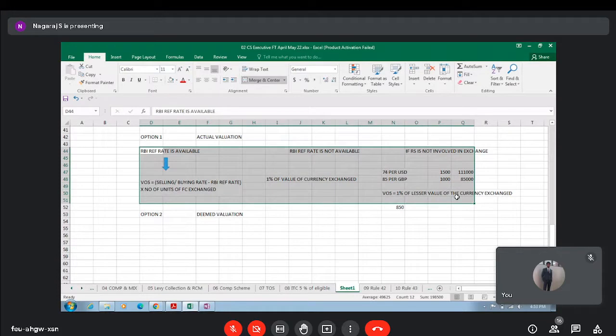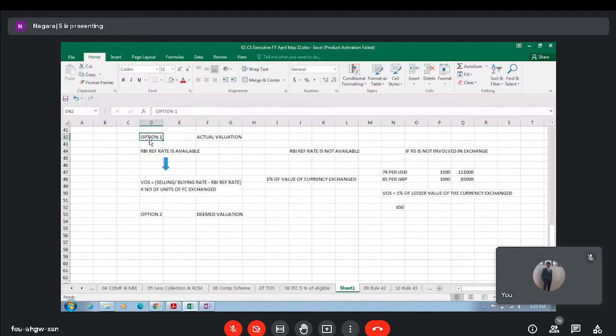Only one question will be given per option. They may give 2 or 3 questions of the same option. But for one question, you are not expected to answer for both options, either the first option or the second option.